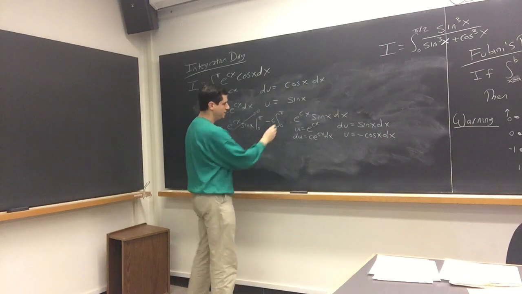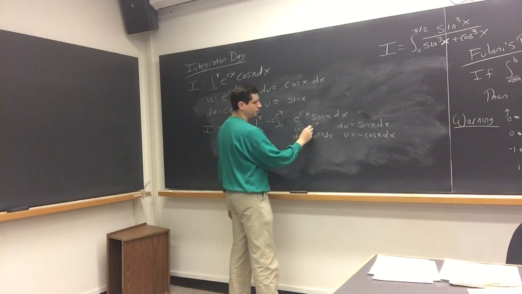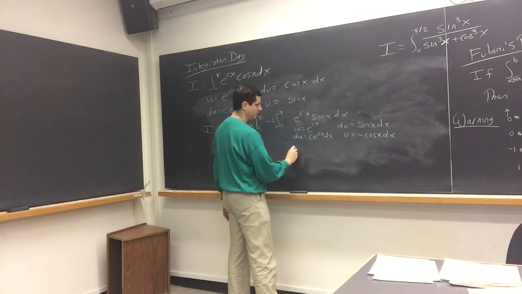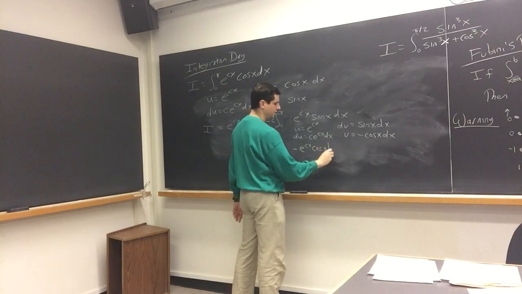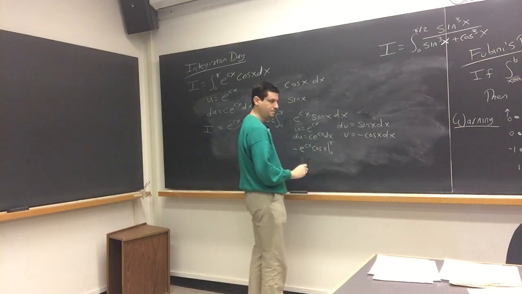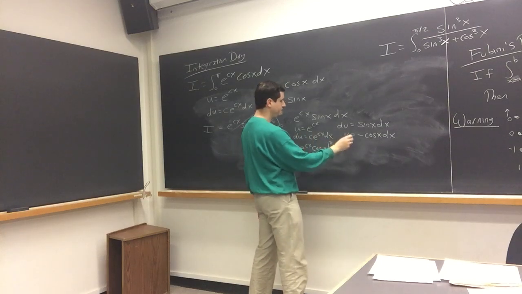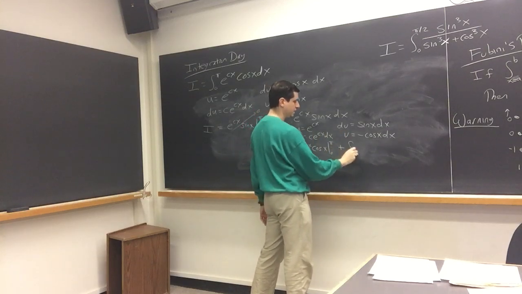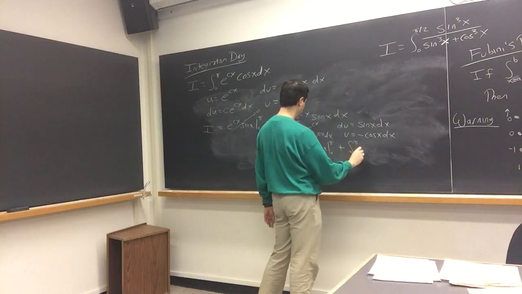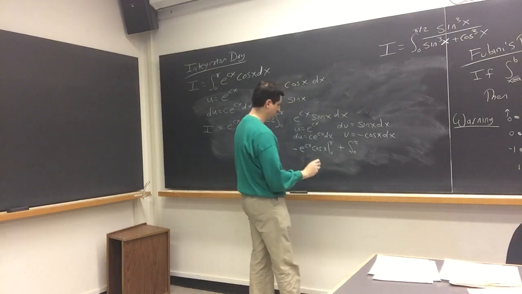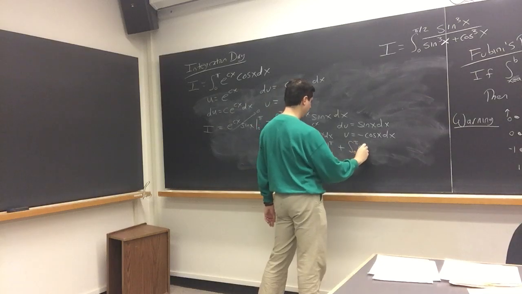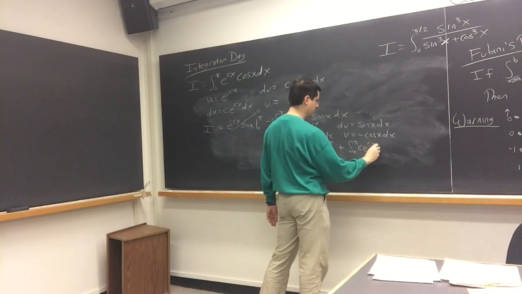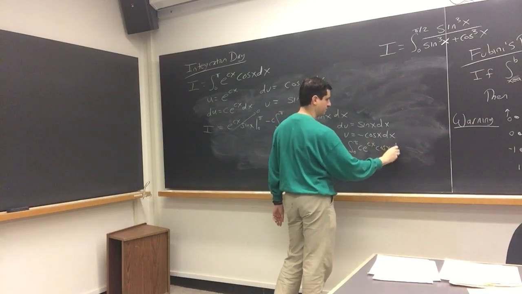And so now this integral is going to be uv, so it'll be negative e to the cx cosine x at 0 and pi, minus v du, so it becomes a plus integral from 0 to pi of c e to the cx cosine of x dx.